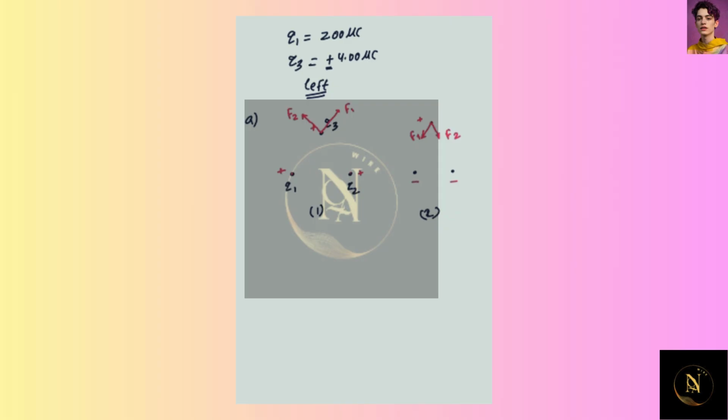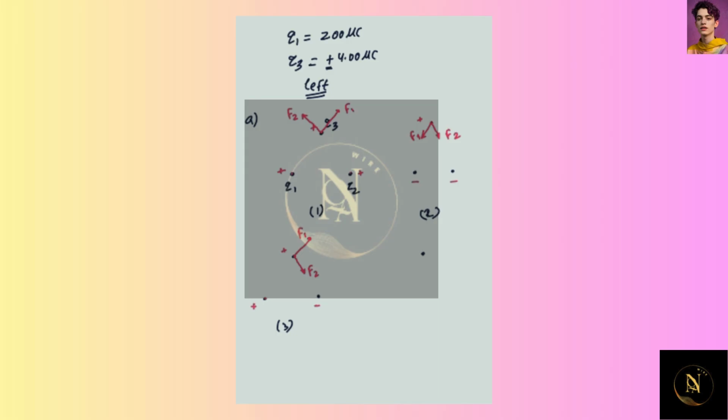For the third situation, this is Q3 charge, this is Q1 charge, and this is Q2 charge. Let us take Q1 as positive and Q2 as negative, and Q3 is given as positive. The force due to this charge on this will be in this direction, away, and this force will be in this direction. This is force F2 and this is force F1. So this is situation 3.